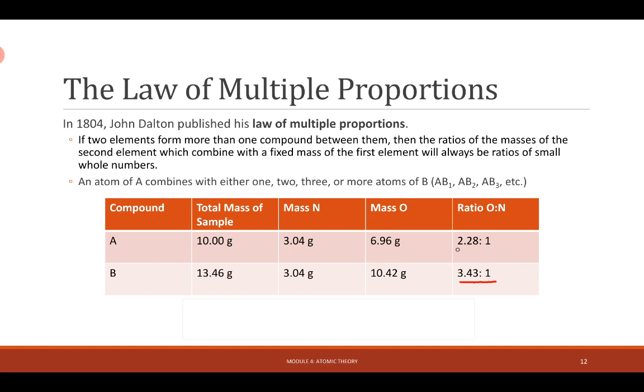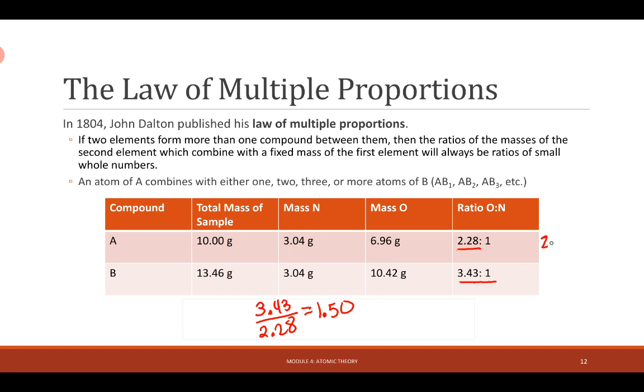And if we take the ratio of 3.43 to 2.28, we find out that we have 1.50. That's not a whole number, but that's 1.5.